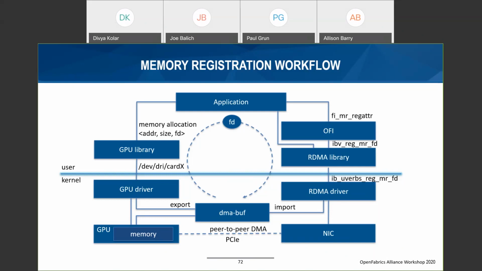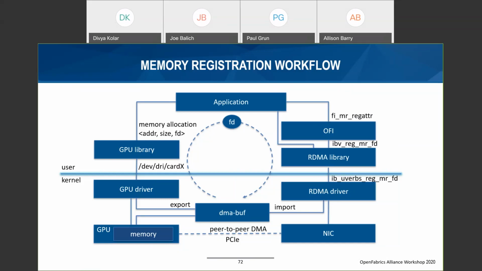An application, on the right-hand side, will go into the various user space libraries to do the memory registration. Along the path, the file descriptor will need to be passed down together with other parameters. And all those parameters finally go into the kernel RDMA driver.